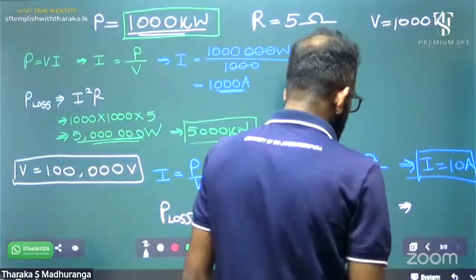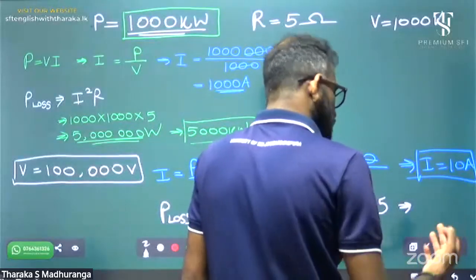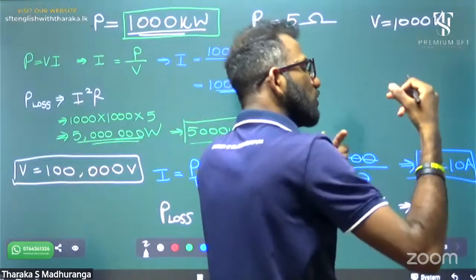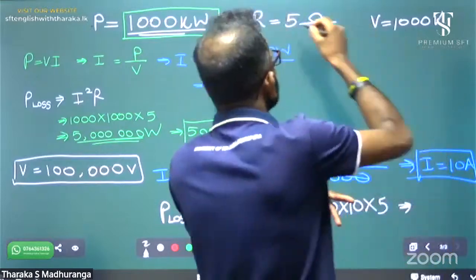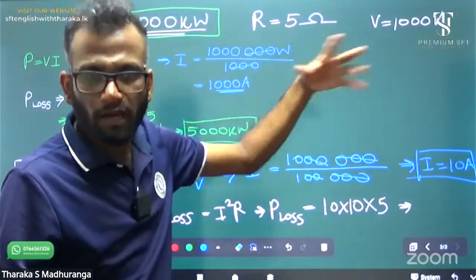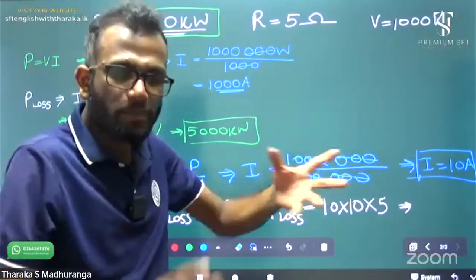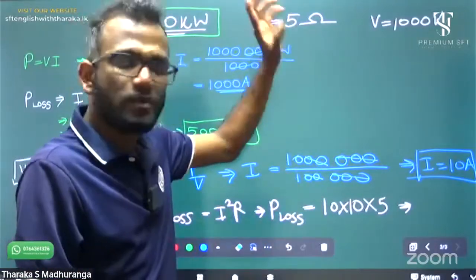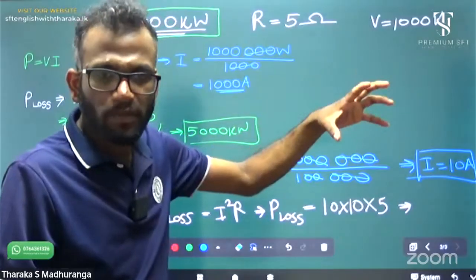How about the power lost? We can't stop power loss. If you want to stop power loss, we have to use zero ohm resistance conductors in transmission systems. But practically, we can't find a zero ohm resistance power transmission system.